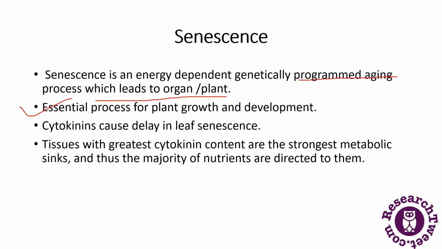One possible explanation for the senescence-delaying effects of cytokinins is the enhancement of enzyme activity in the plants. Tissues with the greatest cytokinin content are the strongest metabolic sinks, and thus the majority of the nutrients are directed to them. For example, in some fruits, the onset of senescence is marked by a transient rise in respiration.